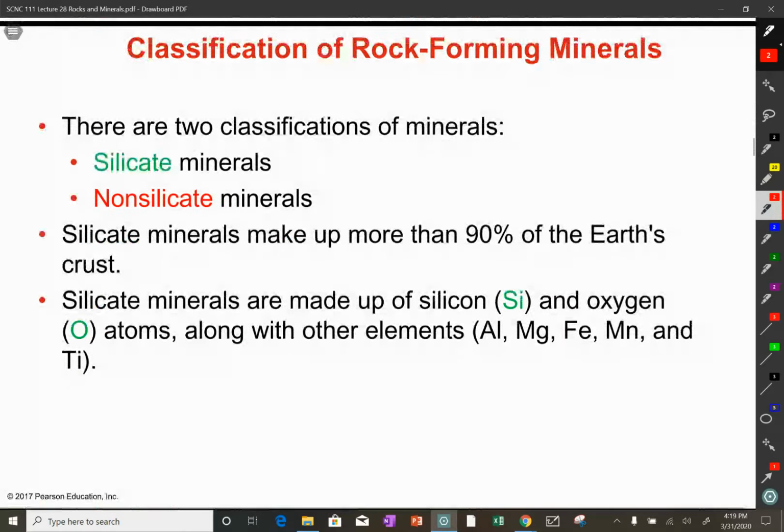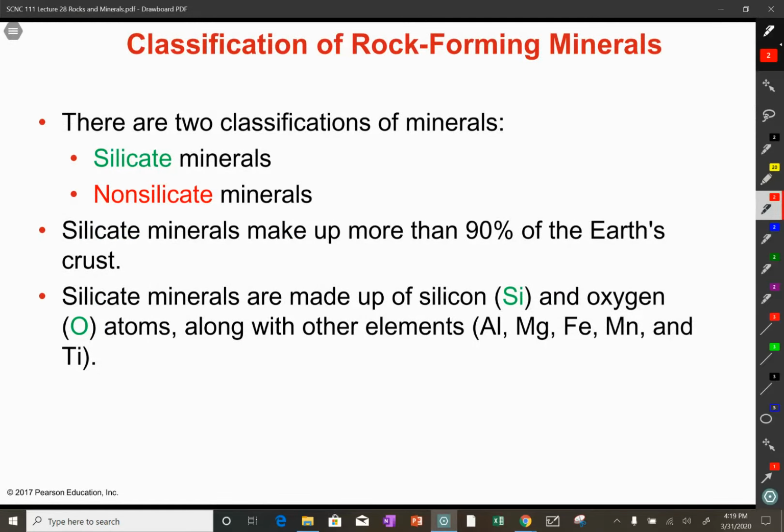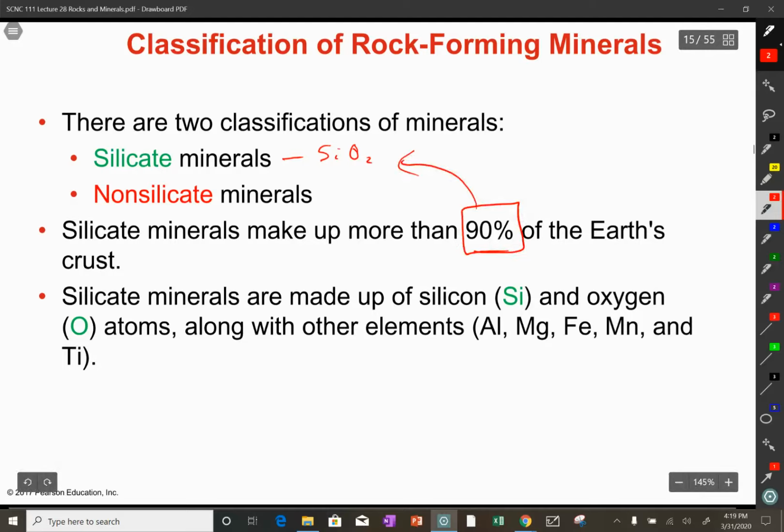Now, rock-forming minerals, we break down into 2 general classifications. Silicate minerals. Silicate means it has a silicon dioxide basis. And non-silicates. Silicate minerals are 90% of the Earth's crust. Now remember, the Earth's crust was about 50% oxygen and about 25% silicon.